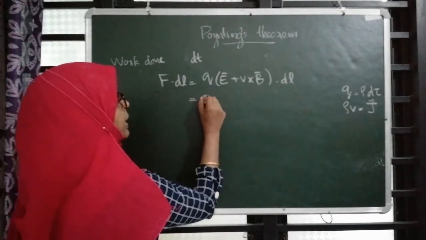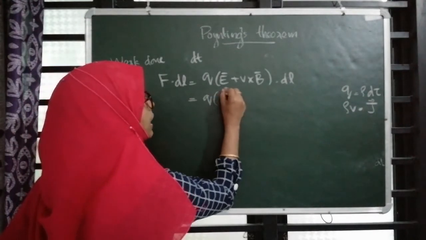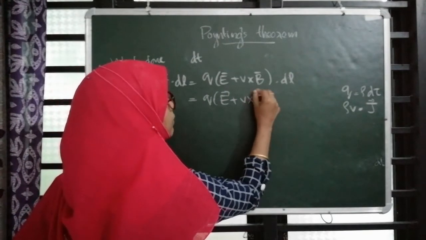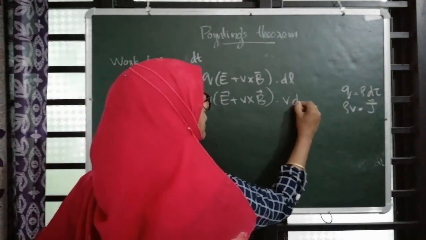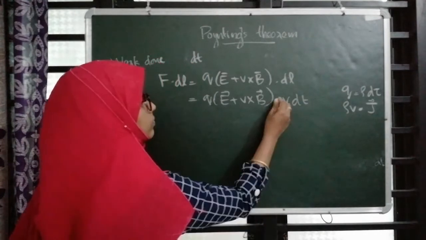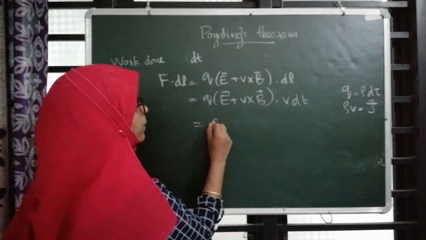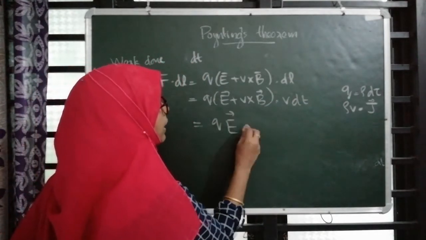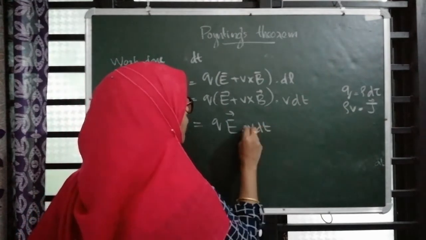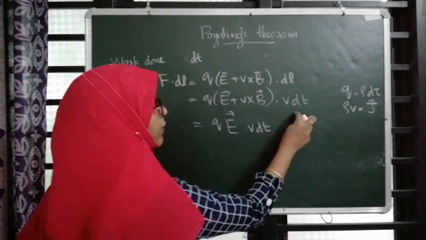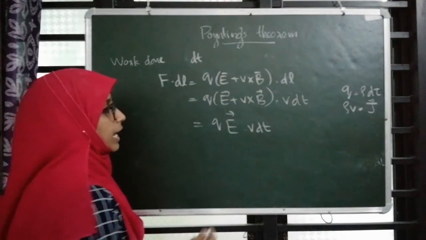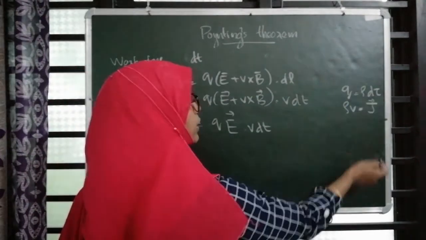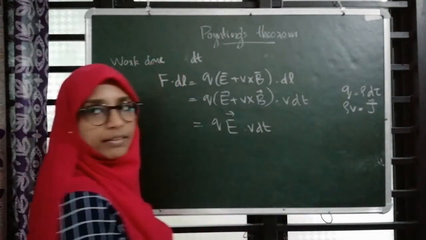We can rewrite this as Q into E plus V cross B dot V dt. That's equal to, by expanding, Q into E dot V dt, and after expanding the magnetic term will vanish. And we know Q is equal to rho d tau and rho V is equal to J.